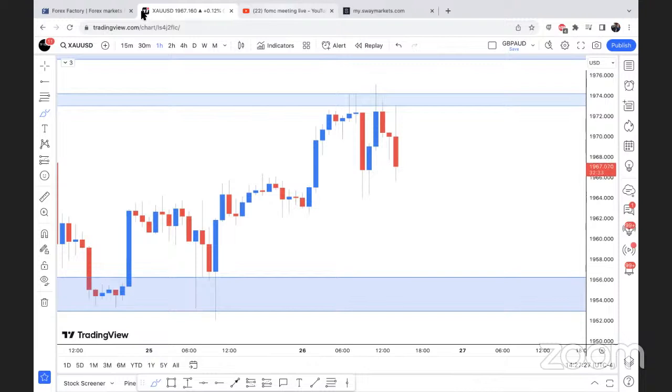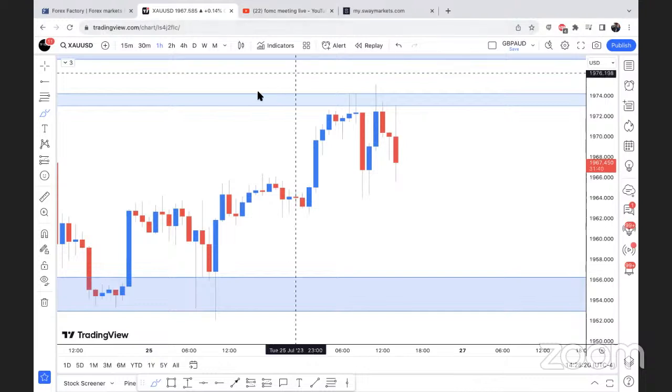Give me 1 second. All right. Gold retrace at 61.8.